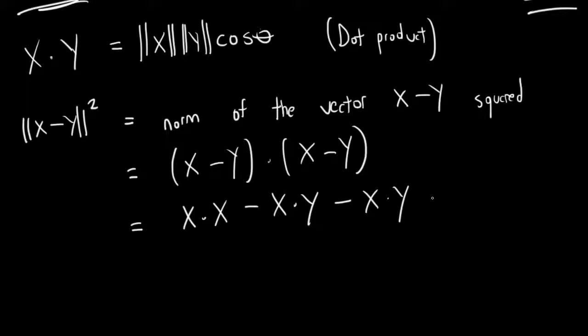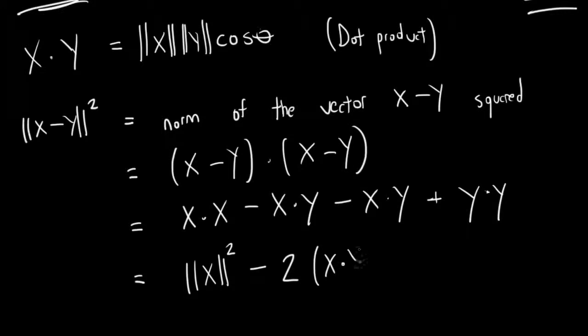And then a final one, which is going to be plus y times y. I'm not going to skip steps here. If we want to simplify these, the x by x is going to be the norm of x squared. Here we'll have 2, and we'll leave this as x by y. And this one back here, we'll put as the norm of y squared.